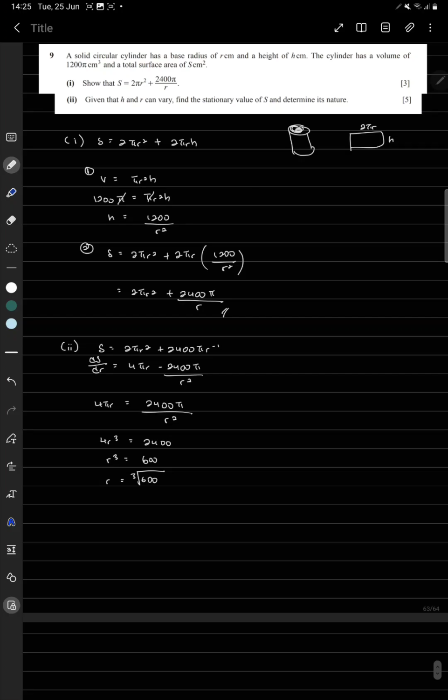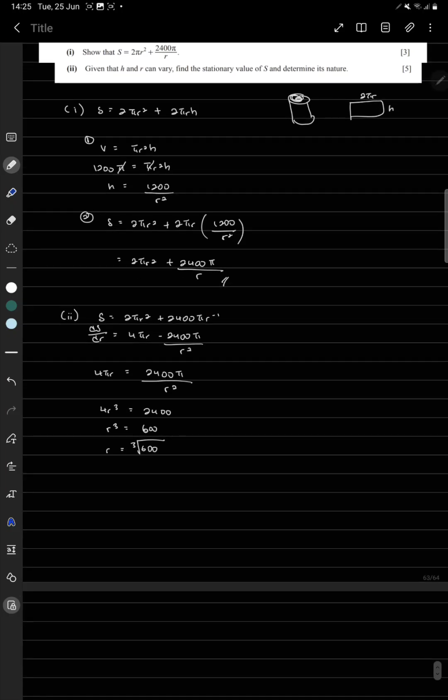Now we found the value of r, we can find the stationary value of s. So s is going to be equal to 2 pi r square plus 2400 pi over r. Let's just substitute everything here and find the final answer. And your s is going to be equal to 1340, to 3 significant figures.